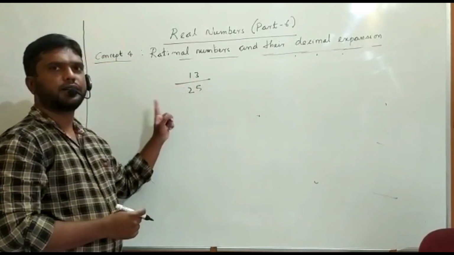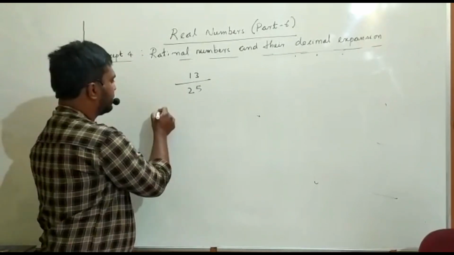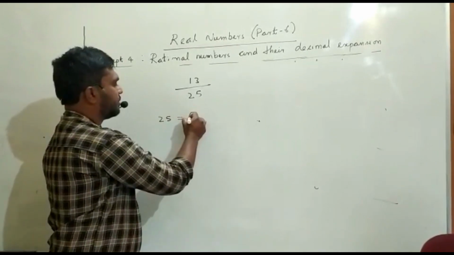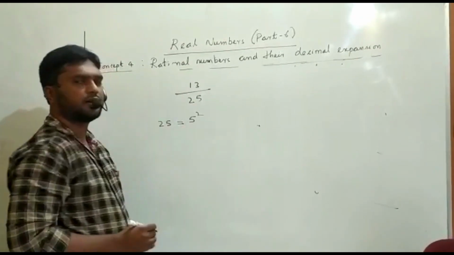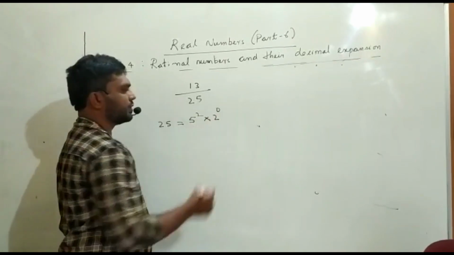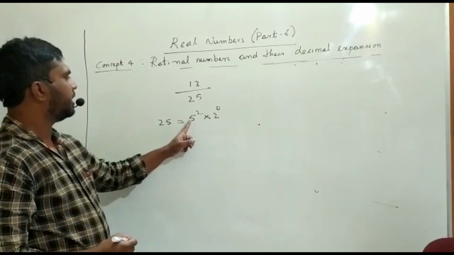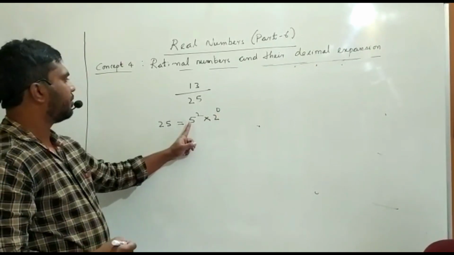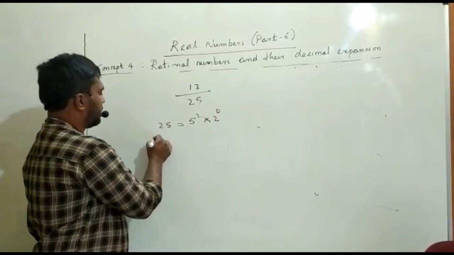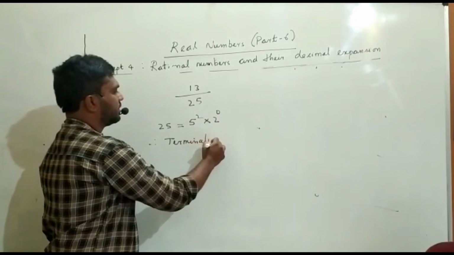If you want to know whether it is terminating or non-terminating, check the denominator. 25 can be written as 5 square into 2 to the power of 0. Here you can see it is in the form of 5 to the power of m, 2 to the power of n. Therefore, it terminates.